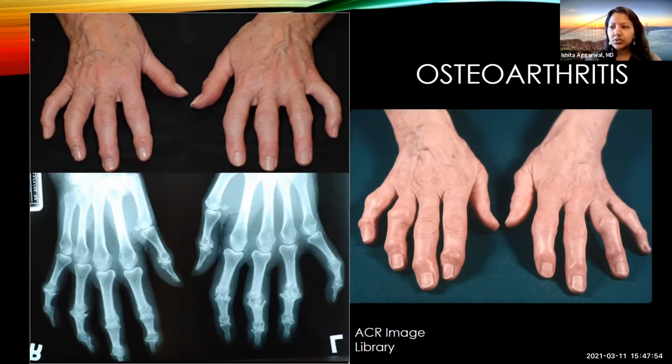This can lead to a destructive joint disease, but you see that there is sparing of the metacarpal joints, which are the knuckles on the back of the hand. The X-rays show these central erosions, loss of joint space, and certain other findings such as osteophytes or extra bone production that is suggestive of osteoarthritis.